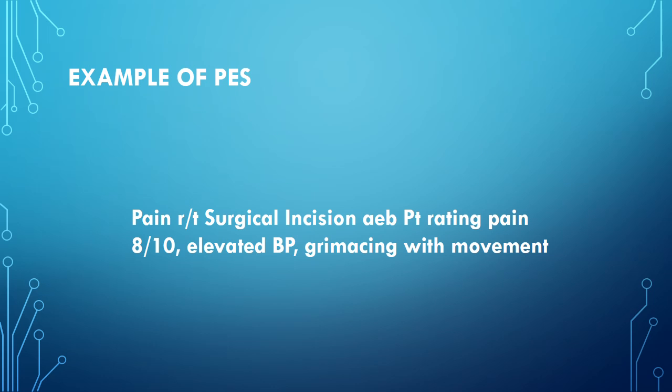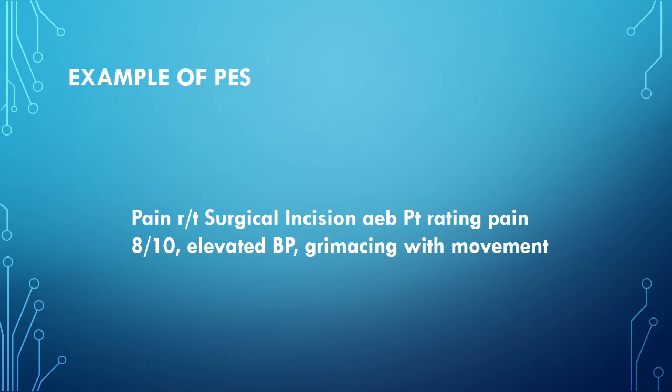So an example of a PES diagnostic statement. The diagnosis is pain related to, and this RT indicates what's coming next is our etiology, related to surgical incision, as evidenced by, AEB.